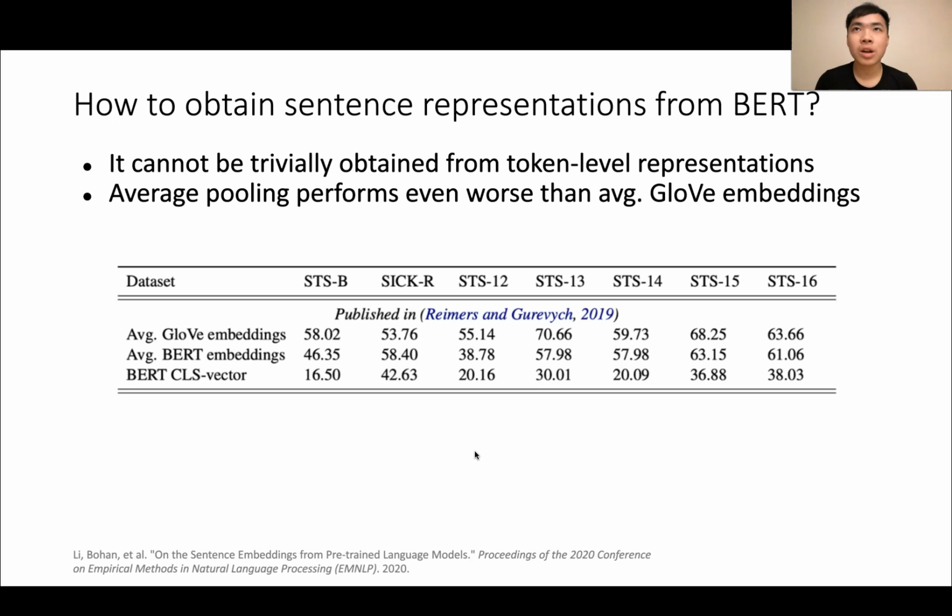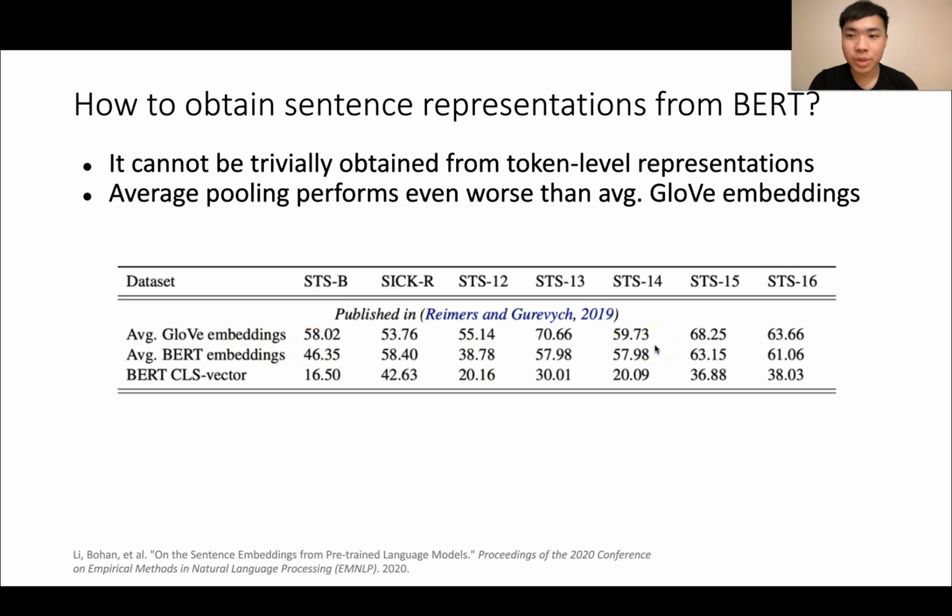So people started to try whether we can directly obtain sentence-level representation from BERT. And unfortunately, people found that if you just take the average of the BERT embeddings, or you take the BERT CLS vectors, you will obtain a very bad result. It's even worse than averaging GloVe embeddings.